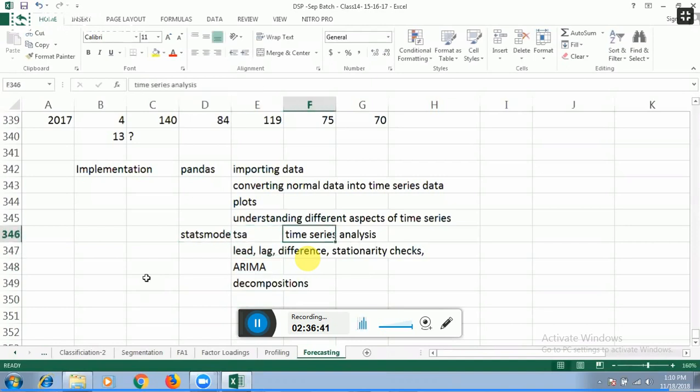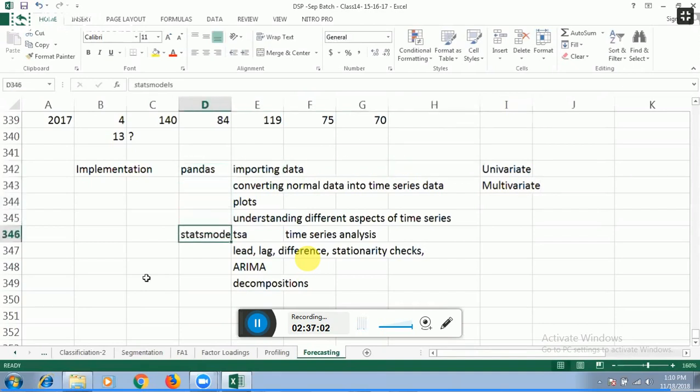So in the next lesson, probably we will take one univariate time series example and one multivariate time series example, and I will show you how to build the models with the help of these packages.